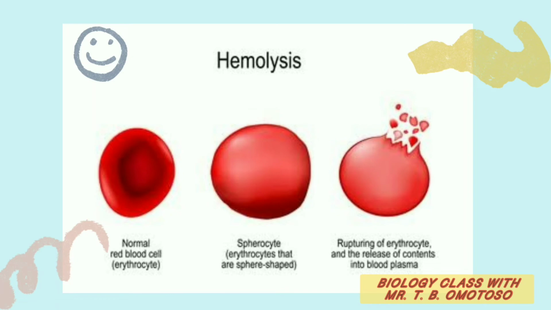So when the red blood cell is placed in a hypotonic solution, it absorbs more water, and when they absorb more water, the red blood cells become more swollen, and because of the presence of only a cell membrane, they burst. This situation will occur when a red blood cell is placed in a weaker or hypotonic solution, where the red blood cell takes in water and becomes swollen and may even burst.